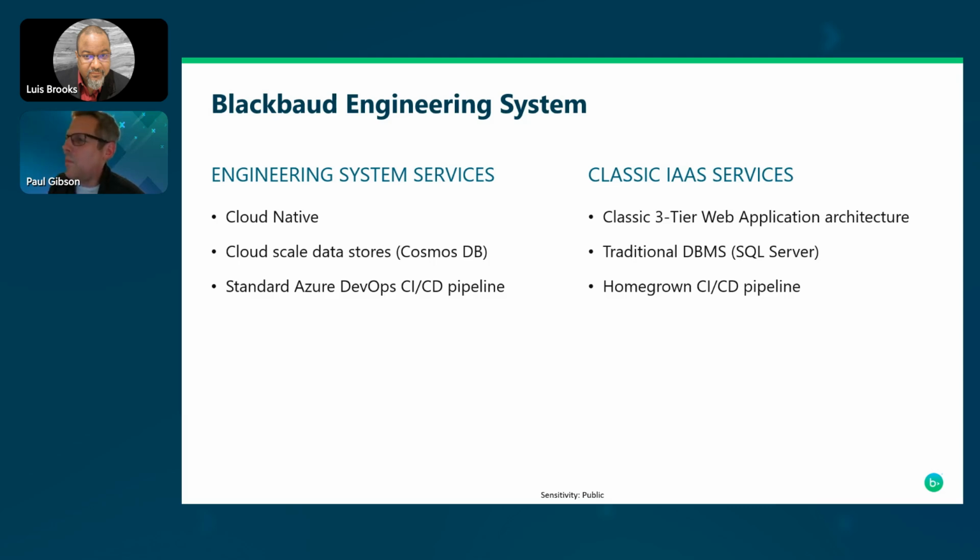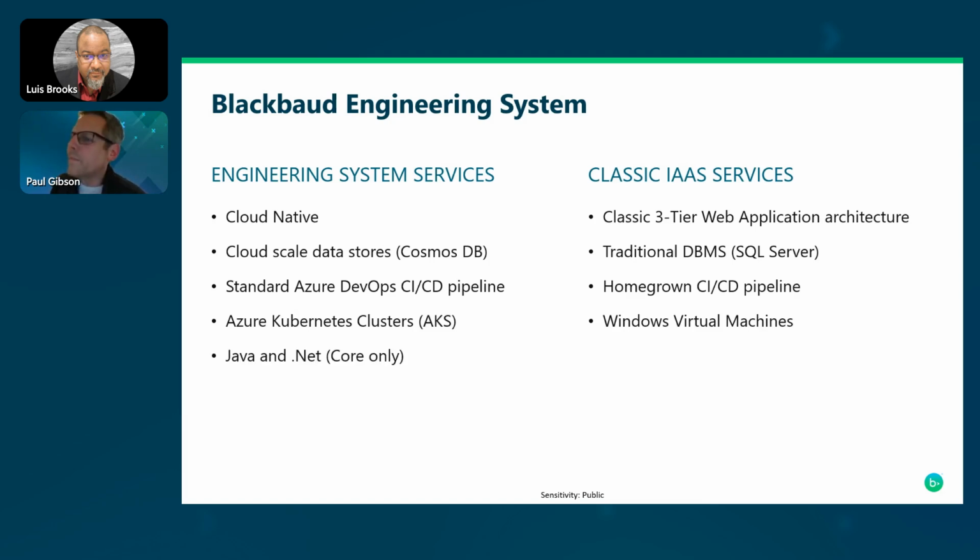We've also changed our CI/CD pipelines. We used to have a lot of homegrown pipelines with lots of scripts, and now there are products that make that a commodity. We run in Azure Kubernetes clusters. Getting into Kubernetes is beyond the scope of this, but just know that it's a modern deployment strategy for running microservices. Classically, it would have been Windows virtual machines.